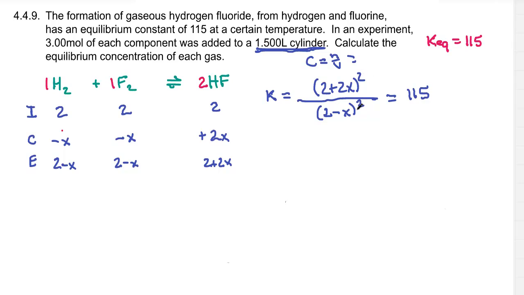So we have that thing with the double squares again, so we'll cancel that in the usual way by square rooting both sides. That square gets stripped off, so does that. And now we have 2 plus 2x over 2 minus x equals, and the square root of 115 is 10.724.